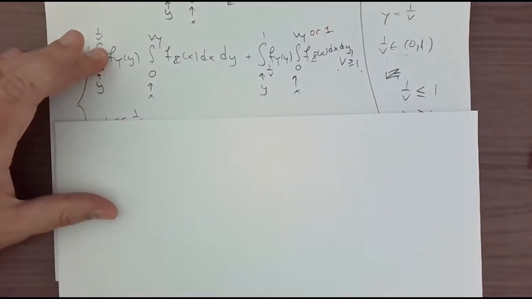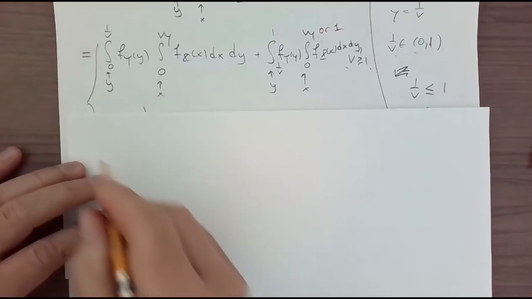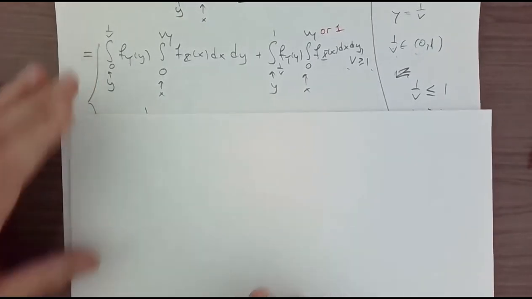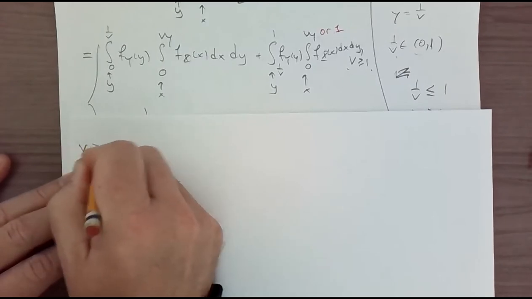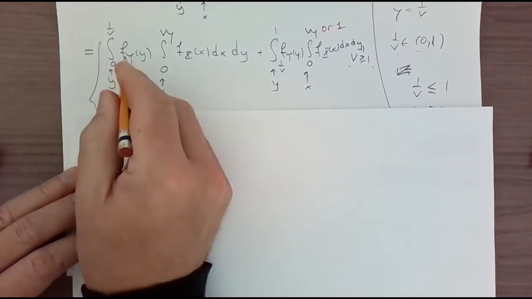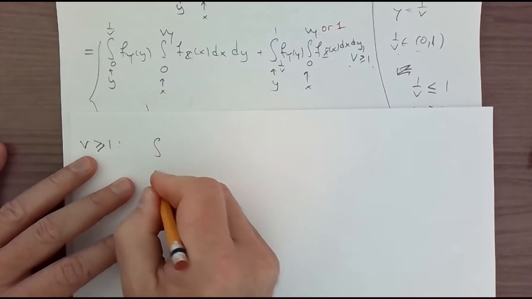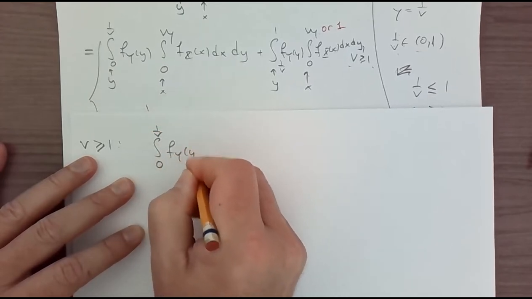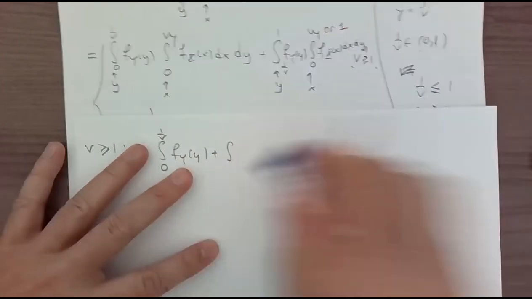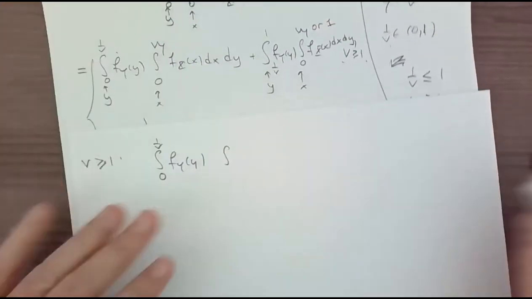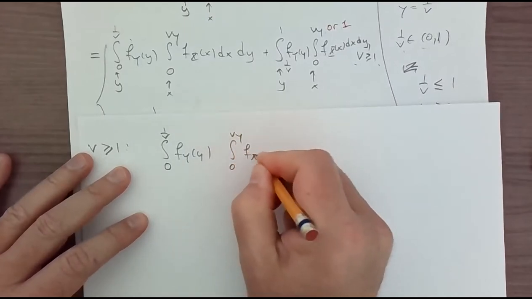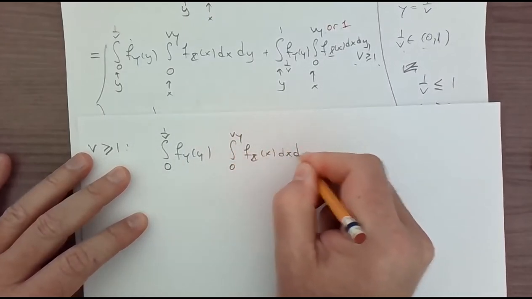So if you're looking at the first one, let me write out. We're working in the case that v is bigger than 1. Then the first integral, those are my y's. This is from 0 to 1 over v of f(y), and then 0 to vy of f(x) dx dy.